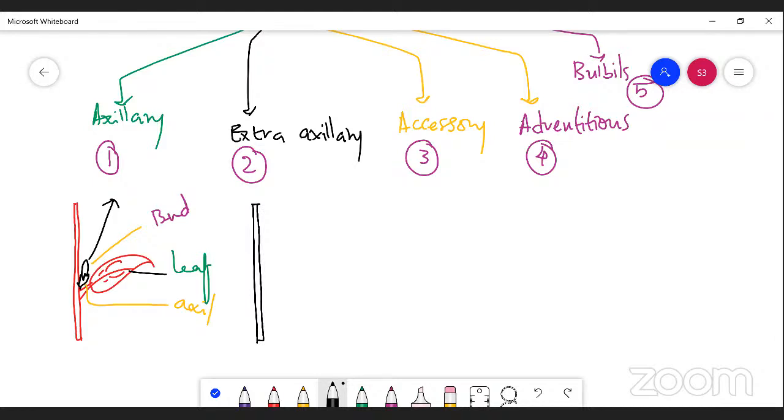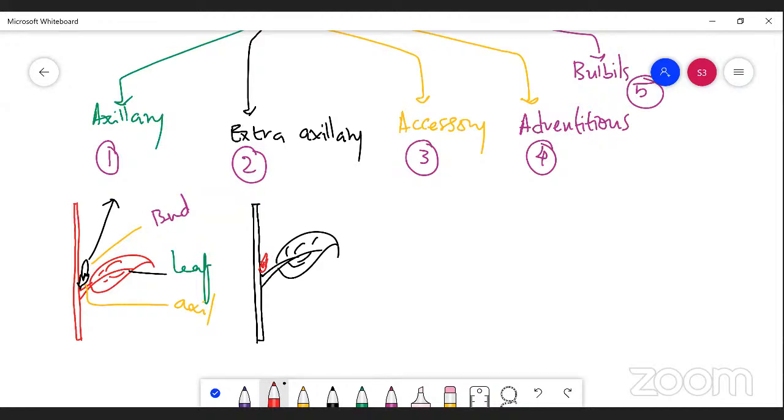Extra axillary bud means this is a leaf portion in which there is development of more than one bud on the nodal region. Now this is a bud.